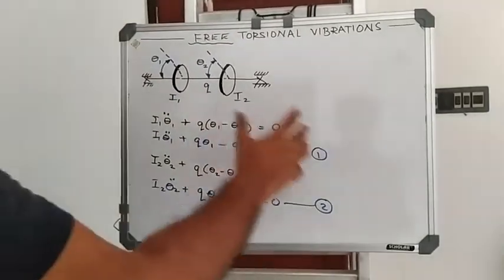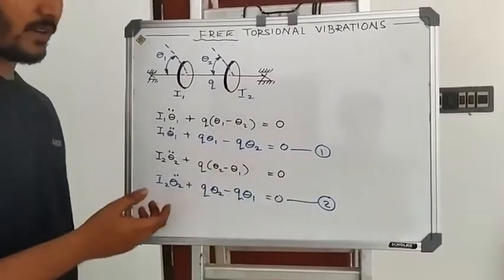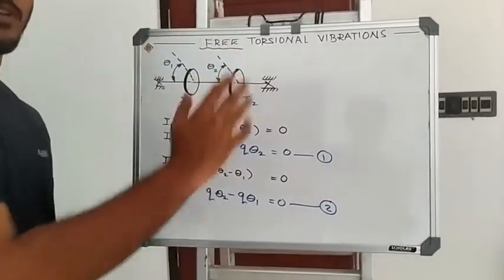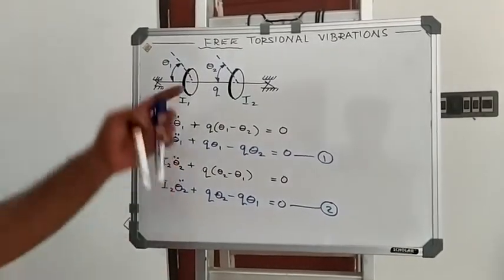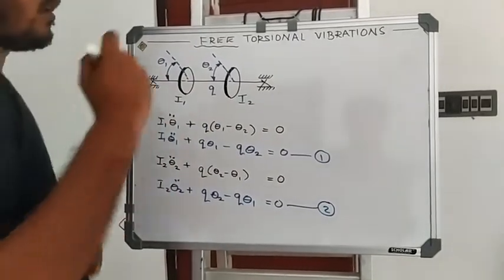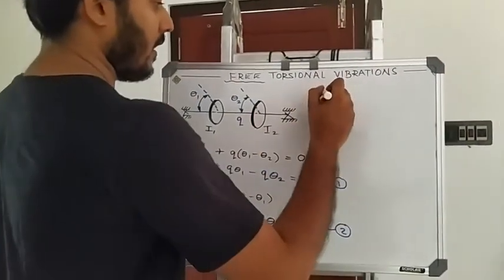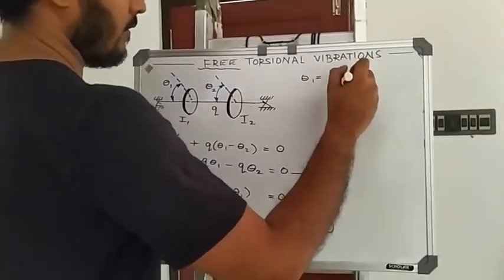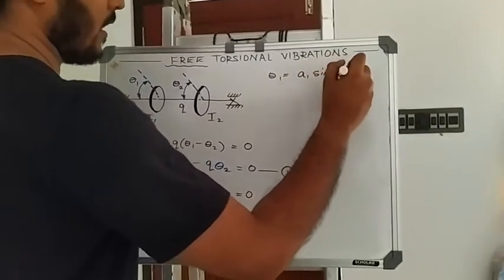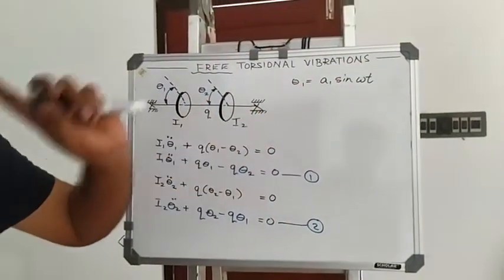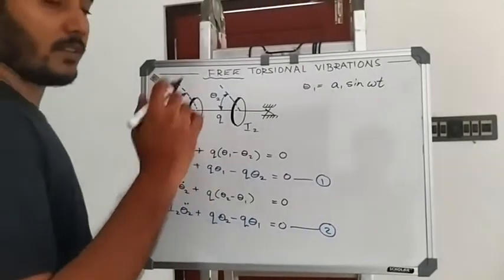Now, always keep in mind these two equations, which are the governing equations for this torsional vibrating multi-degrees of freedom system. Now, let us assume values for theta. Let theta 1 be equal to a1 sine omega t. If you take sine omega t plus phi, then also it's the same. No changes there.